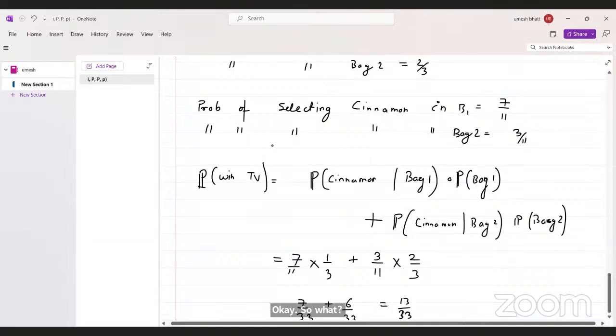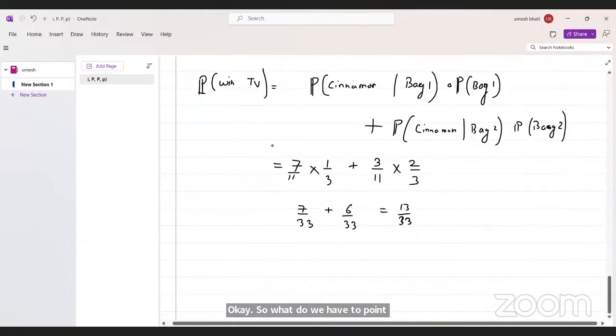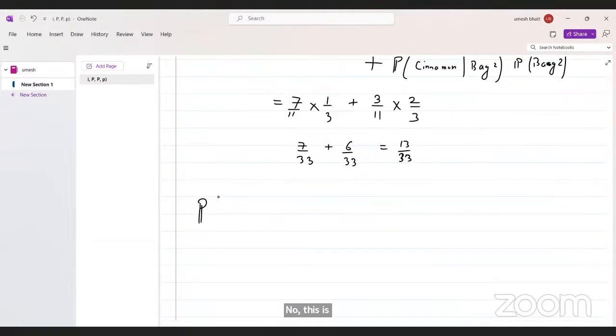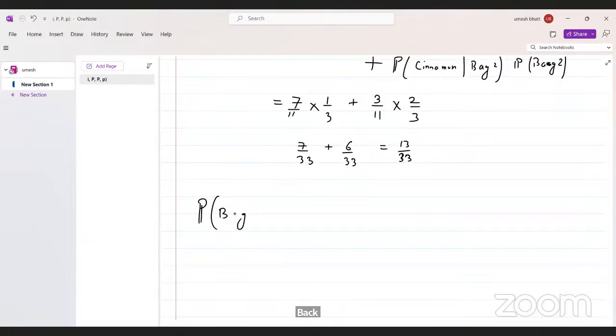What we have to find is 7/11 times 1/3 divided by 13/33. So we have to find the probability of bag 1 given that cinnamon has been chosen. Cinnamon or win TV, same.